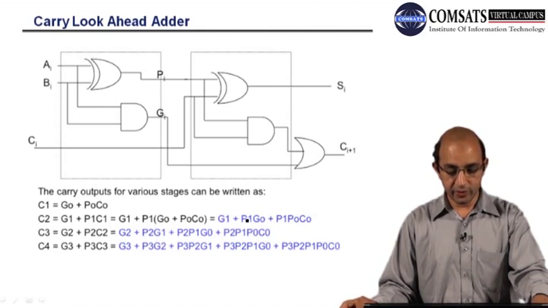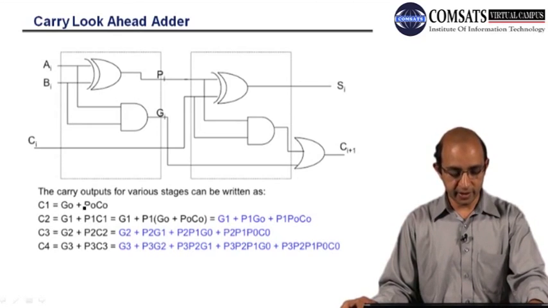So here you can see that we have represented C2 in the form of G's and P's, and C0, not the C1. C1 is not there.